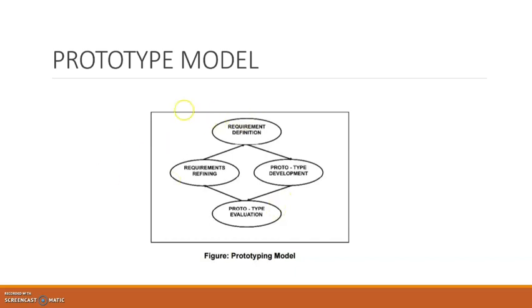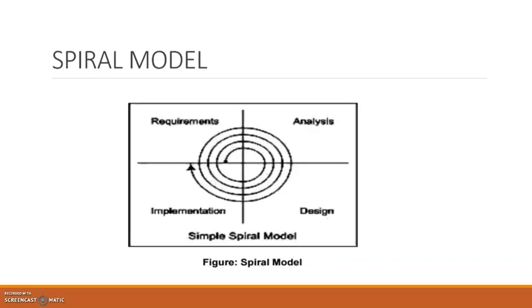So again this loop will execute once more. Likewise, any refinements can be added on. So that is the prototype model. When this loop is executed multiple times, you get a more and more refined product.